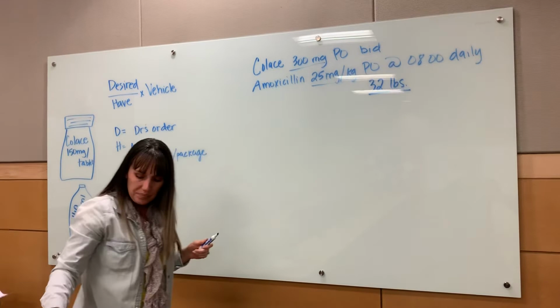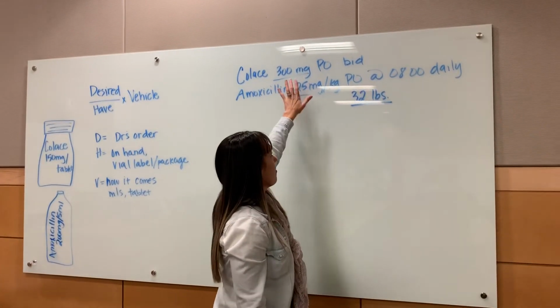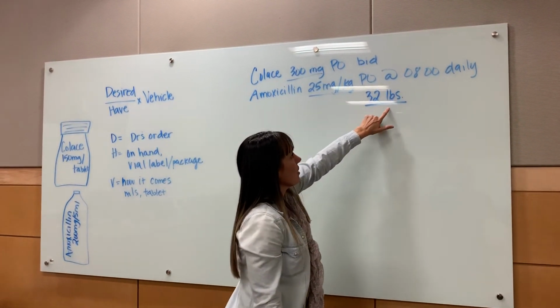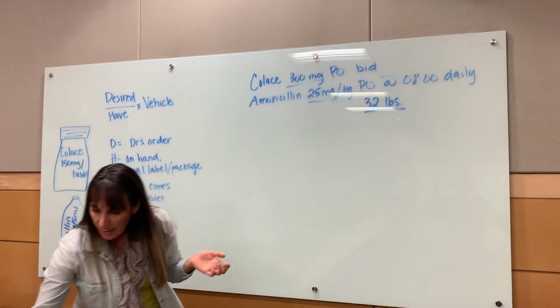One more way. If you're trying to figure out a pounds to kilogram desired over have problem, you want to start with converting the pounds to kilograms. So we can do the ratio method with that.